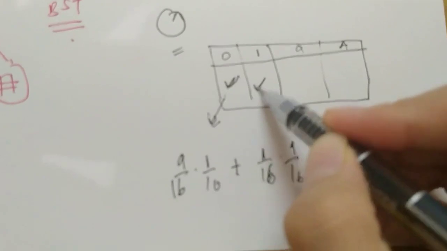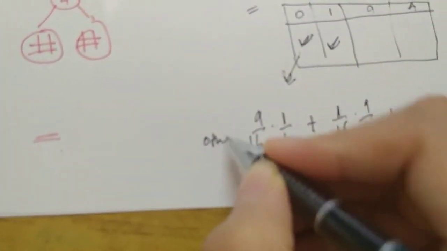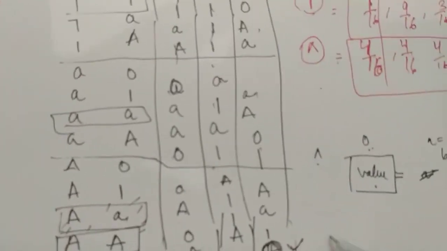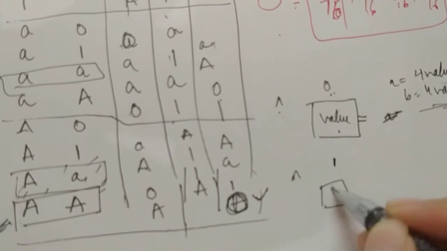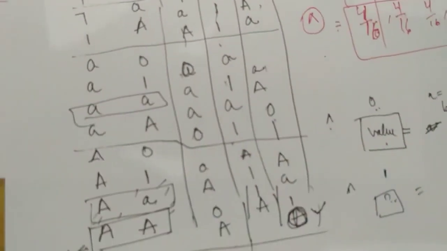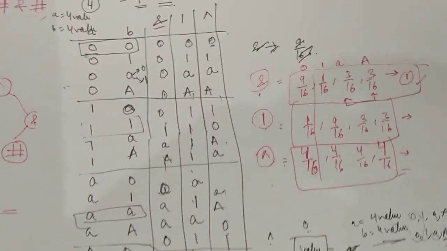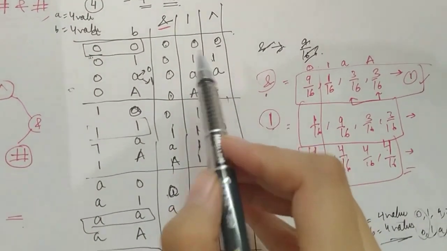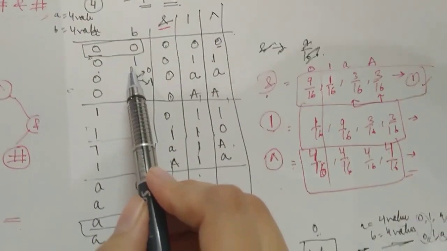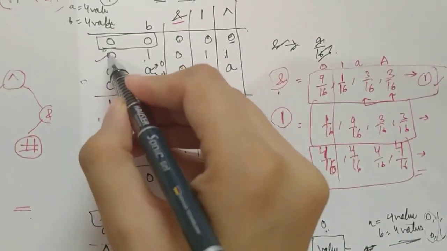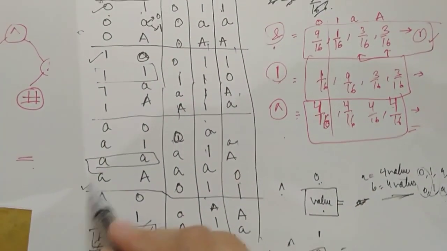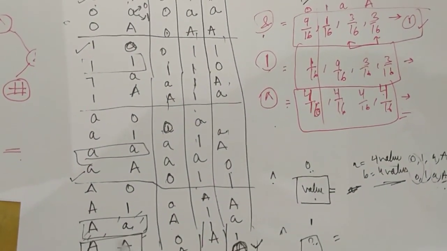Similarly for 1, this is for 0, now for 1. When will the XOR value evaluate to 1? Let's look into the table. XOR is 1 when A and B are 0, 1. This value, this value, this value, and this value.